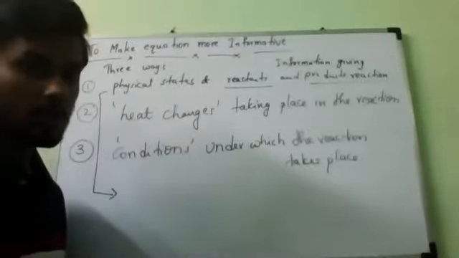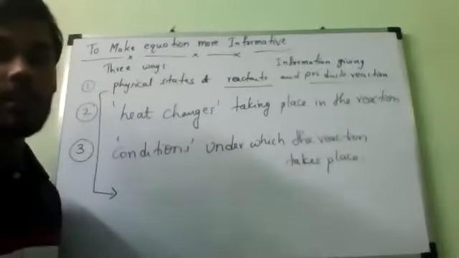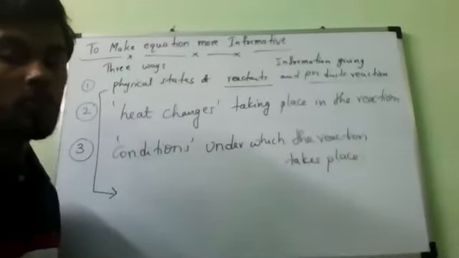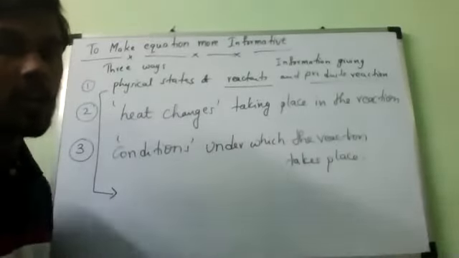Is it true or not? Yes, sir. Along with that, in chemical reactions, the reactants and products may be present in one more state, that is called the aqueous state.